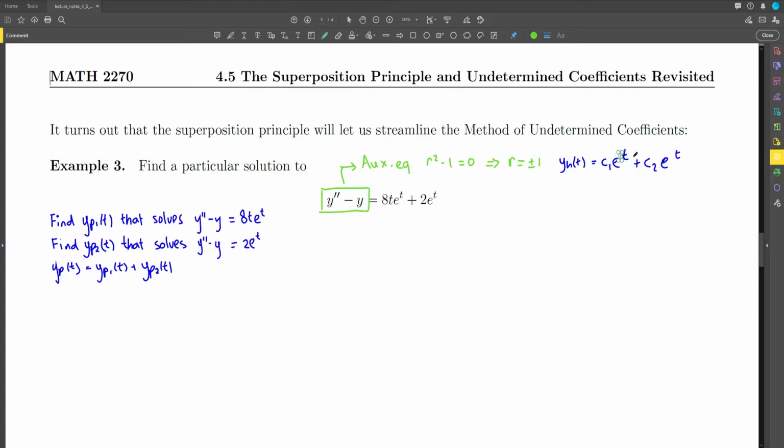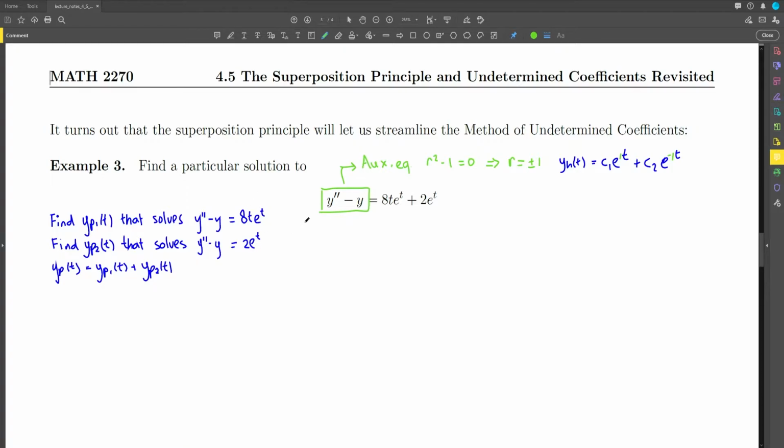Right? There's a 1 here and there's a negative 1 here. Now, what we see is that normally if we would try to find our particular solution, it would involve e to the power t. But since that is already a solution to the homogeneous differential equation, we have to introduce that extra factor of t.